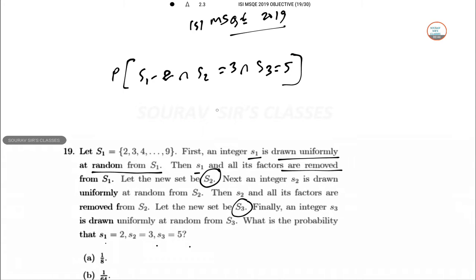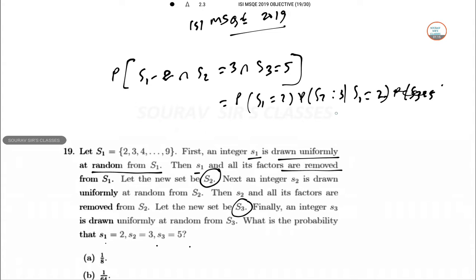So it is the probability of s1 equal to 2, into the probability of s2 equal to 3 given s1 equal to 2, because it has come from here, into the probability of s3 equal to 5, given s1 equal to 2 and s2 equal to 3.